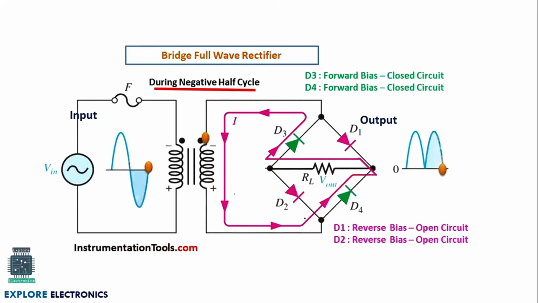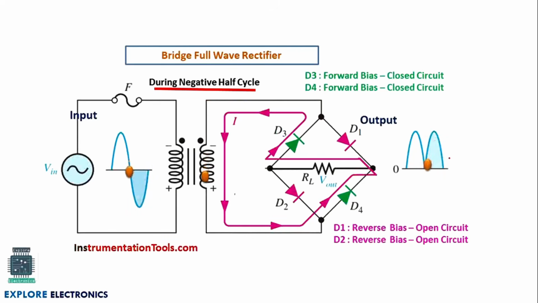It makes D4 forward biased, the positive voltage makes D4 forward biased, and also through this path D3 becomes forward biased. That's why the current is flowing through D4, through RL, through D3 and to the negative terminal. So here we are going to get the output same as the positive half cycle, right?